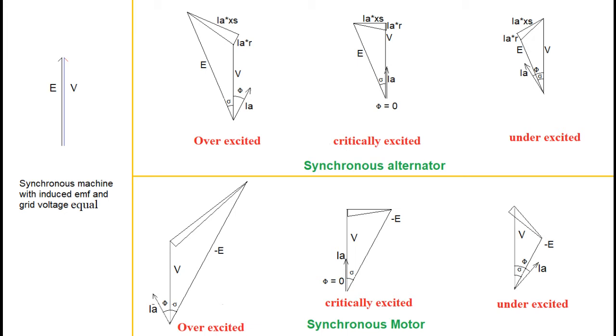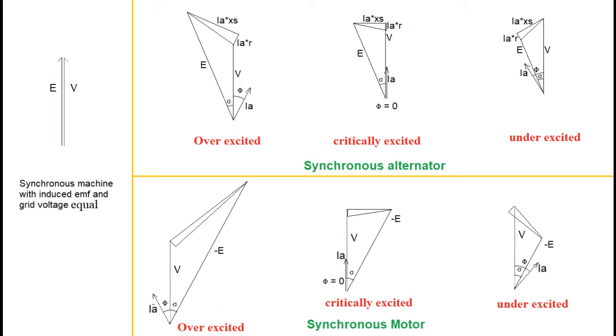Now if some mechanical load is applied to the shaft, then for overcoming the retarding torque applied by the mechanical load, an accelerating torque must be produced by the machine. This requires active current in phase with grid voltage. When the machine was working as an alternator, the terminal voltage had to force current against grid voltage by supplying power to the grid.